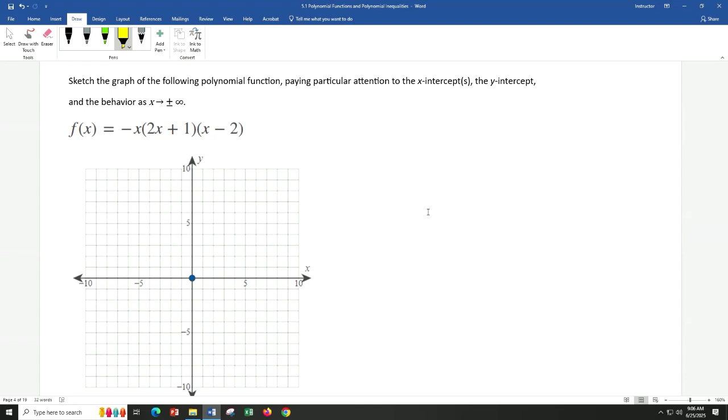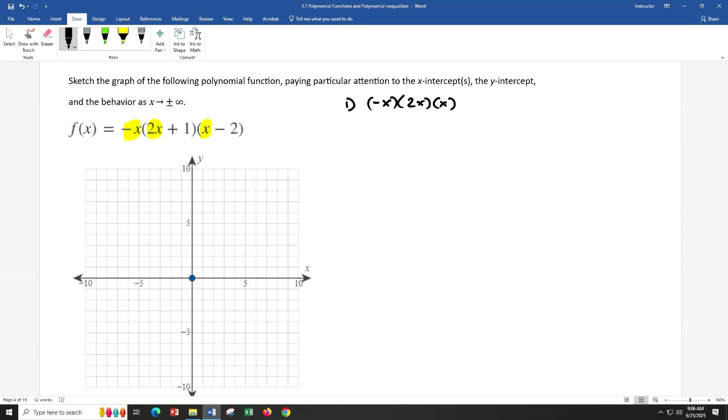Look through here. Notice I've got a negative x, I've got a 2x, and I've got an x. Very simple, right? I'm going to come off to the side here and multiply negative x times 2x times x.